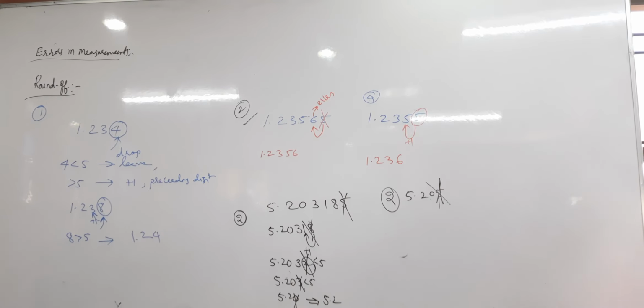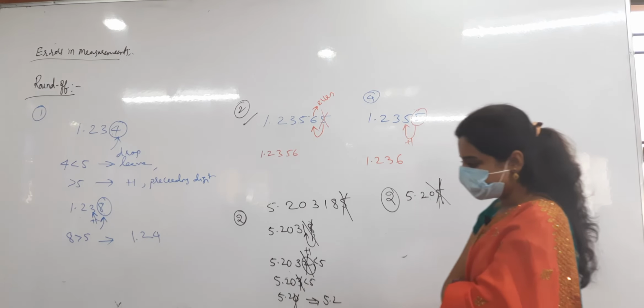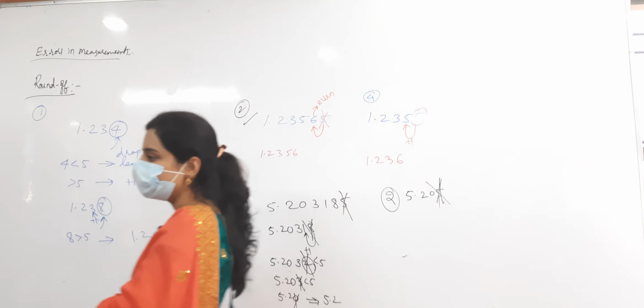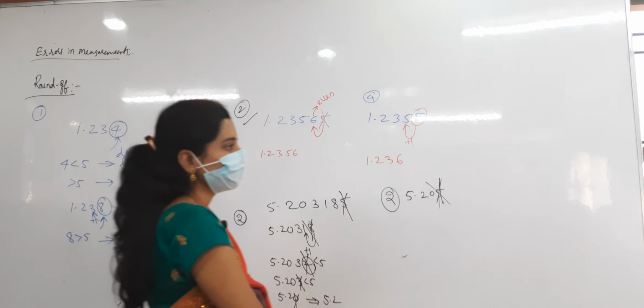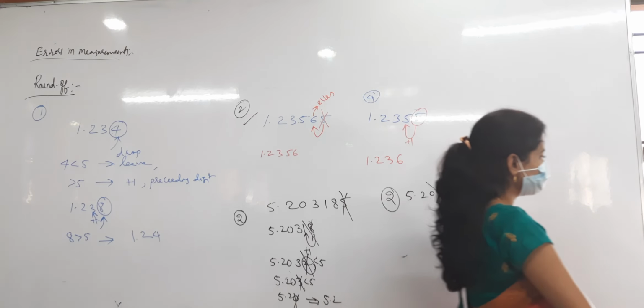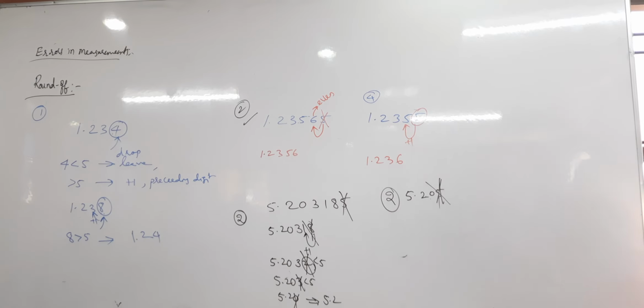Next rule. If the number to be dropped is exactly 5, then observe the preceding digit.